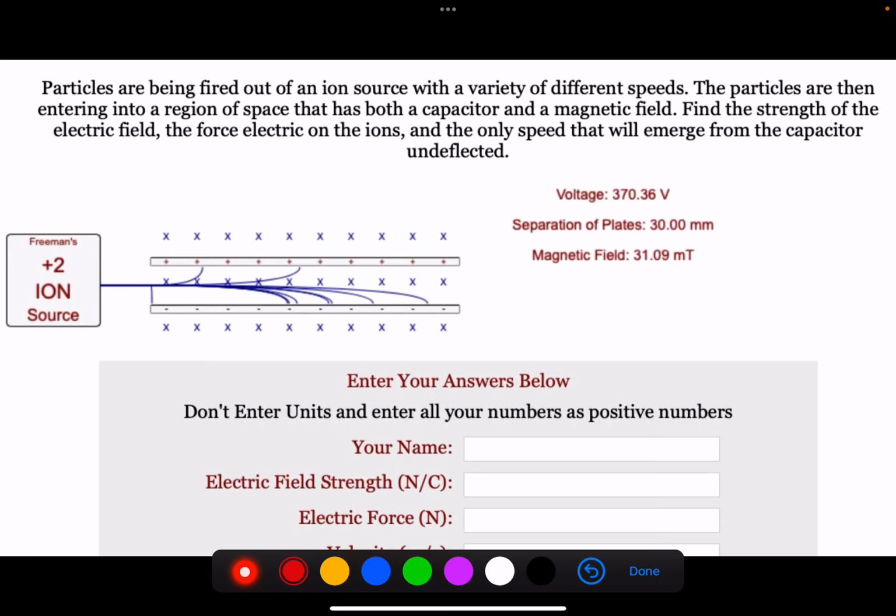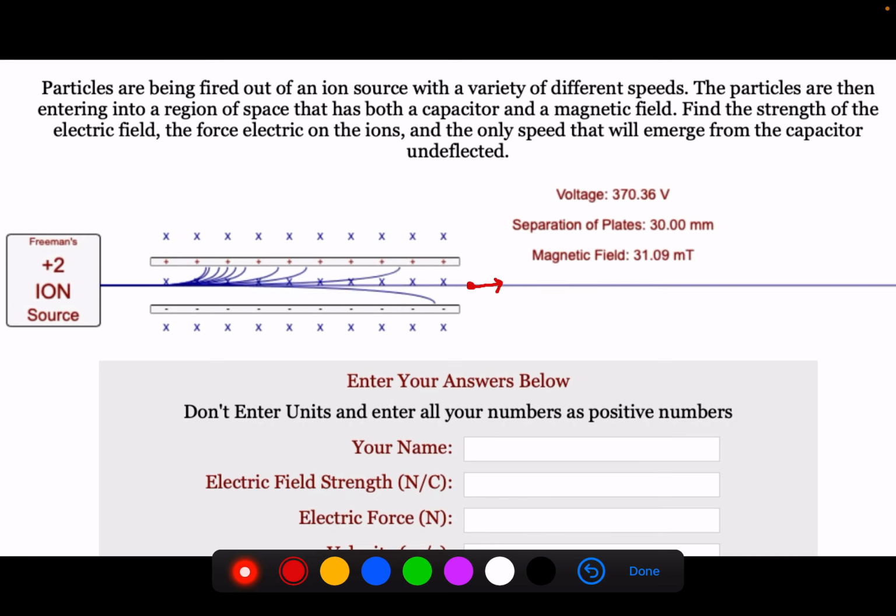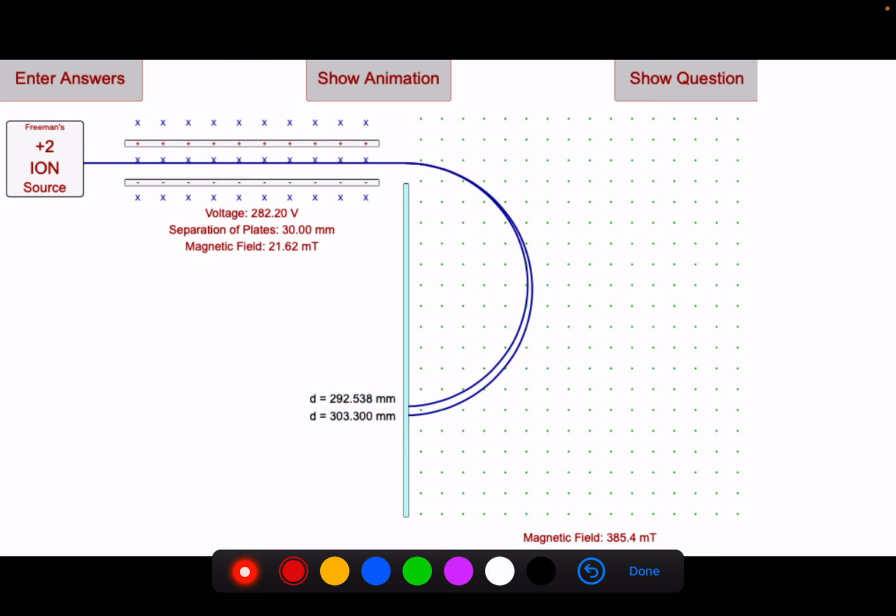We learned how to use the magnetic field along with an electric field to select a velocity to come out of our velocity selector. Things that were going too slow would hit one plate, and particles that were going too fast would hit another. So we would be able to get an exact velocity of the particles coming out of our selector.